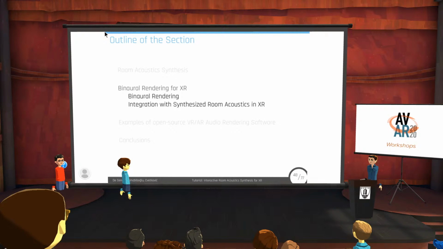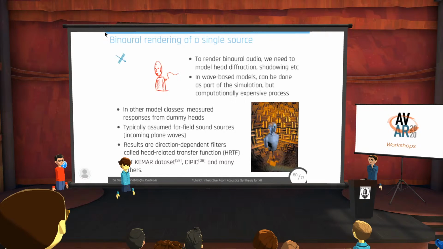Yeah, excellent. So as far as mobile XR experiences are concerned, binaural rendering seems to be the only feasible method. More specifically, in what follows, we're going to talk about the fundamentals of binaural rendering and how binaural rendering can be integrated for presenting room acoustics in XR applications, in immersive applications. The human body, and especially the head, have complex shapes which will diffract and shadow sound.